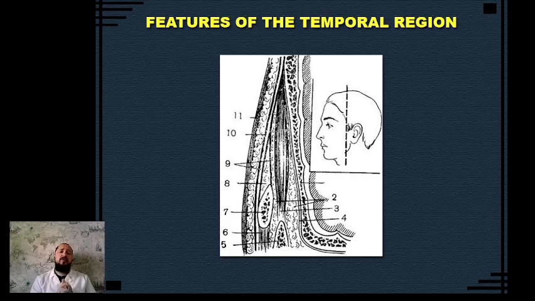And in case of traumas in the temporal region, the arteries could be damaged by the sharp margins of the splinters of this bone, and there will be intracranial bleeding. A very, very dangerous state. It leads to death of the patient if we do not stop this bleeding. And to stop this bleeding, imagine it is intracranial, inside the skull, we need to apply a trepanation to stop this bleeding. Okay? Till the next time.